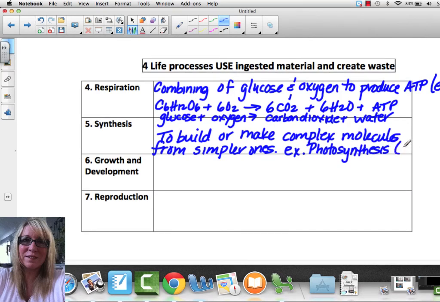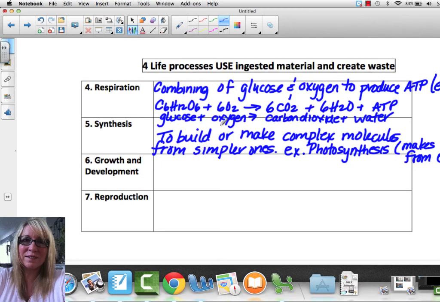And what does it do? Makes glucose from CO2 and water, so H2O. So we make C6H12O6, which is glucose, a very big complex molecule, from carbon dioxide and water.